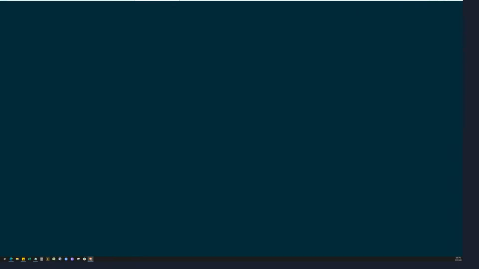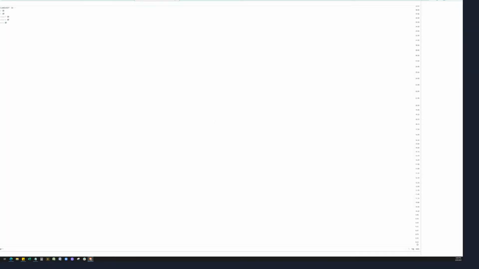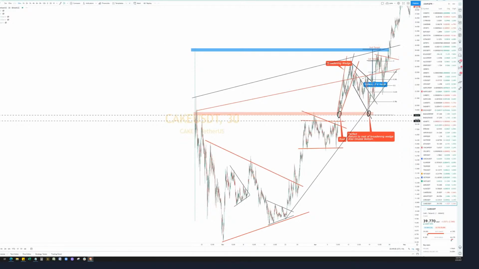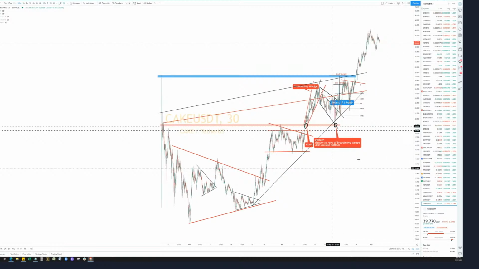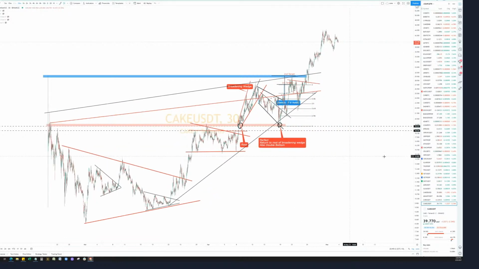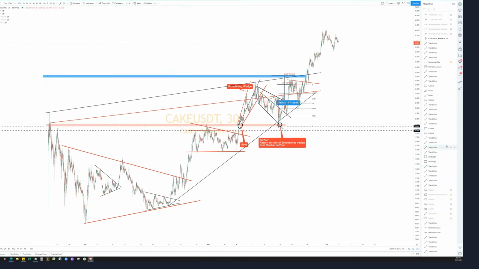Cake. I think Cake did it as well. Did its target. Oh, where's my fib? Where's my fibs? Is that the one? No, it's gone.